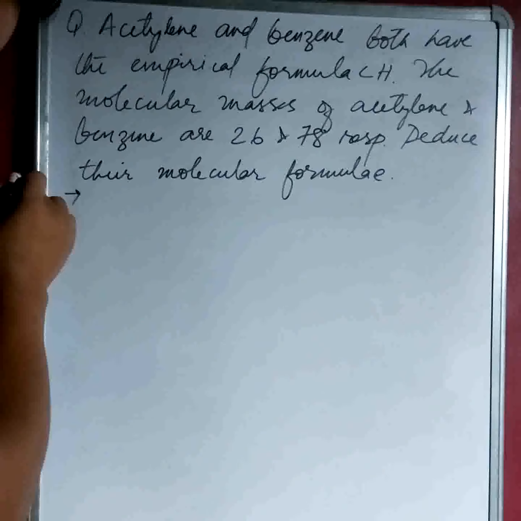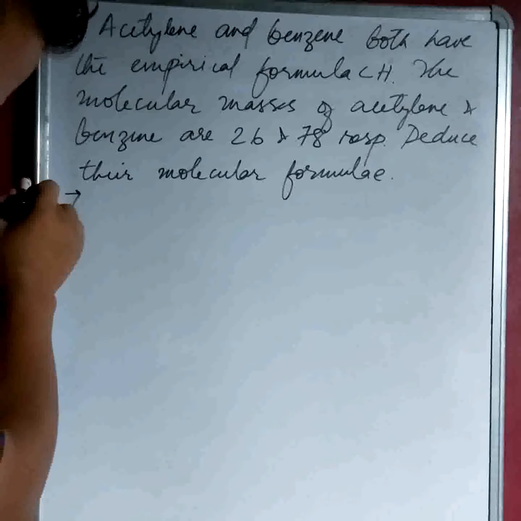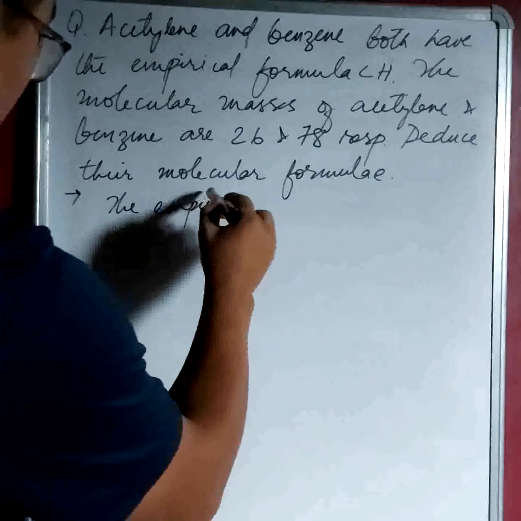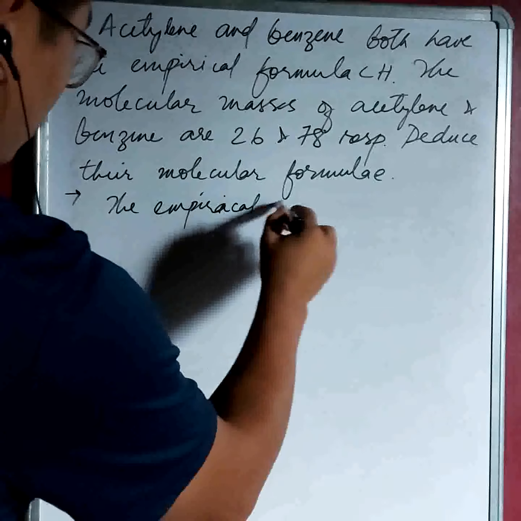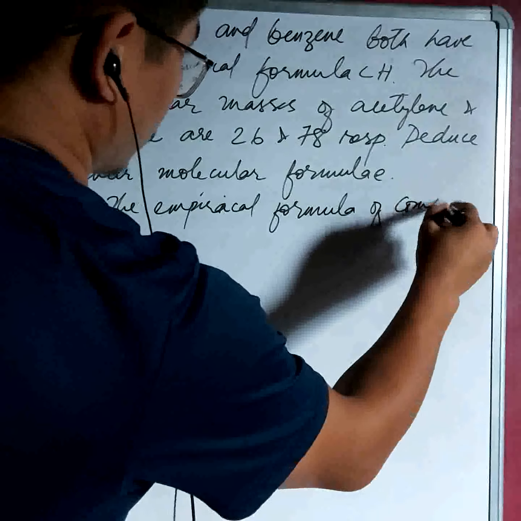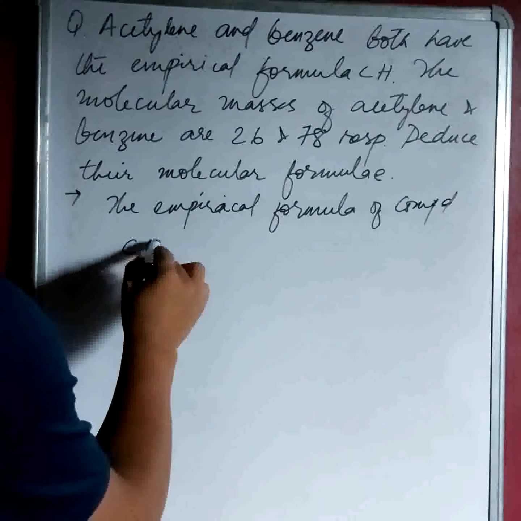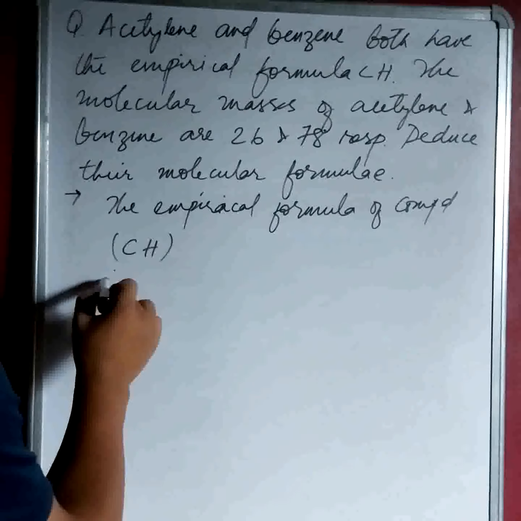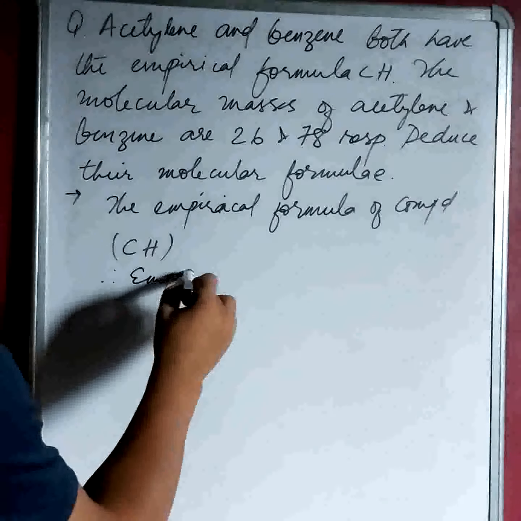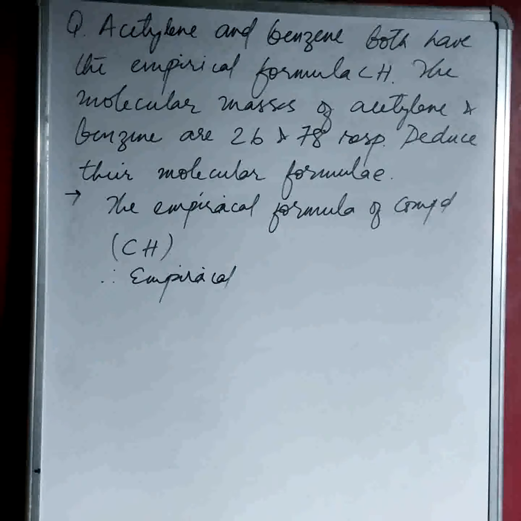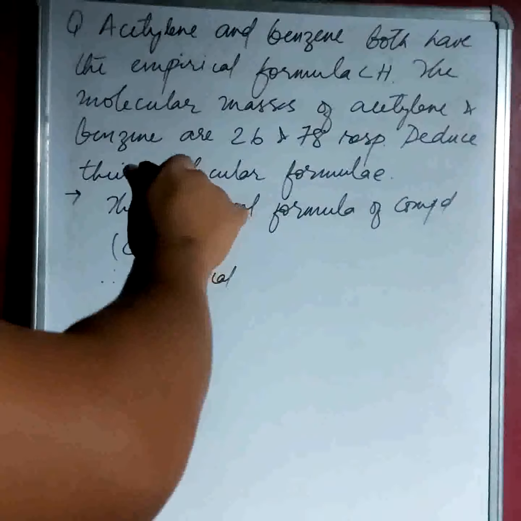Suppose the empirical formula of a compound is given as CnHn. Therefore, we need the empirical mass, or empirical formula mass.